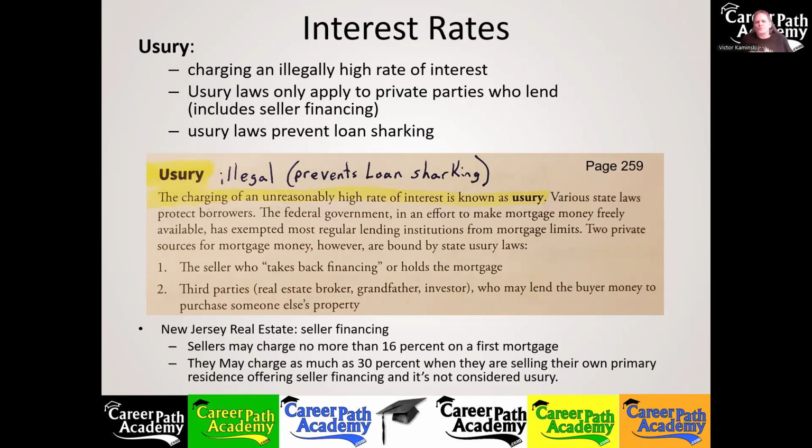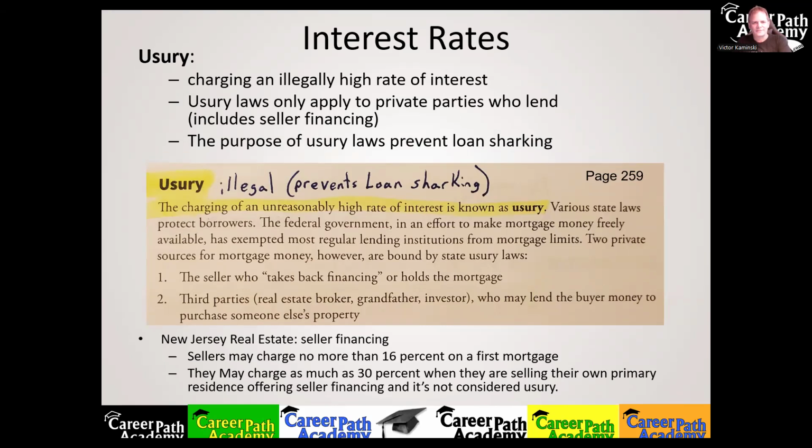The purpose is to prevent loan sharking. Usury laws prevent loan sharking. You guys know what loan sharking is? Yes. You know, we all heard about the mob when the mob used to do it back in the day, right?